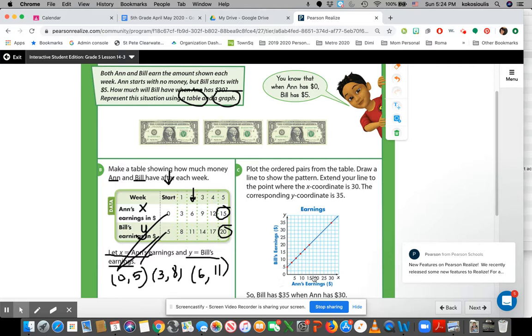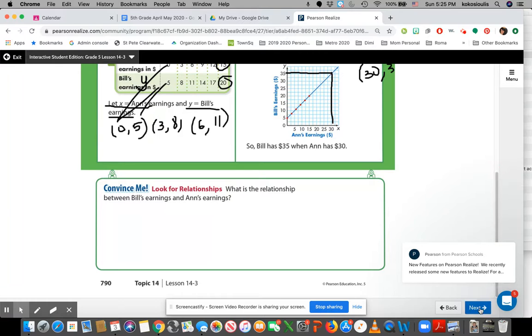And then we go here and we find when Anne has 30, we're going to keep going up to see, oh, when Anne has 30, it meets the line there, and that means Bill has 35. So that means that point is when Anne has 30, Bill will have 35. Okay? Not too bad, right? All right, let's go on to the next example.